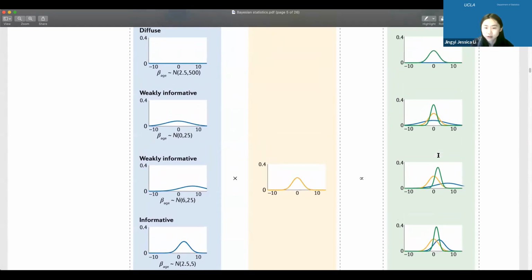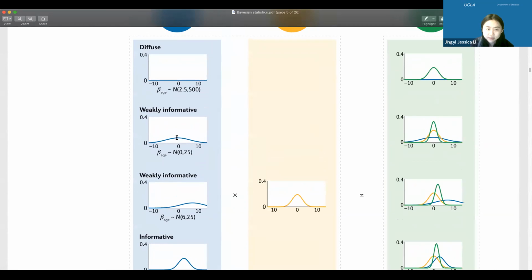So furthermore, for this one, the spread is the same here. So we say it's weakly informative, but now the prior mean is 0, which is the same as the likelihood mode. Both are 0. So as a result, the posterior is also concentrated on 0 because here the prior information and the likelihood information become consistent.